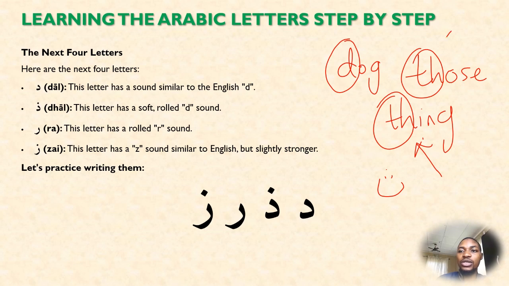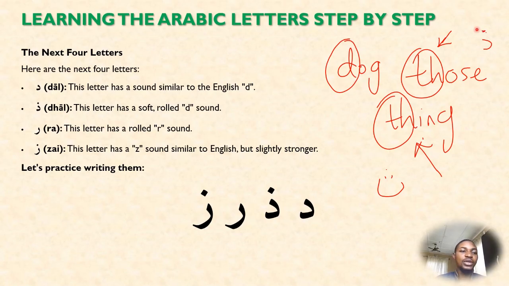In this one, it is pronounced as th. We have this, these, those. That one is what we have the like of in the Arabic language as Thal. I hope that's clear.